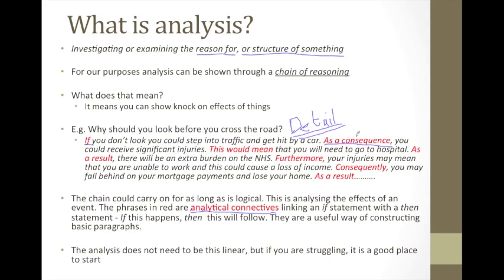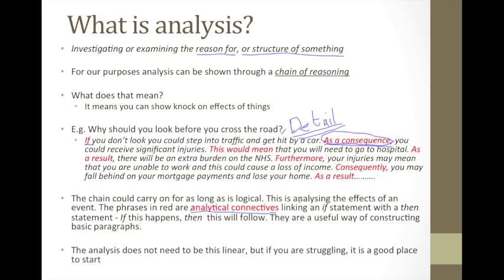step in the chain, you need something to link the previous piece of the chain to the next piece. And that's an analytical connective, and that's what these phrases in red are doing here. They're linking the previous step with the next one. So it's just building in a really clear chain of reasoning which shows that you can analyze.